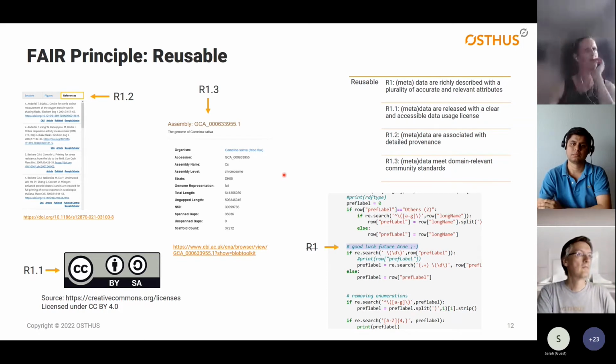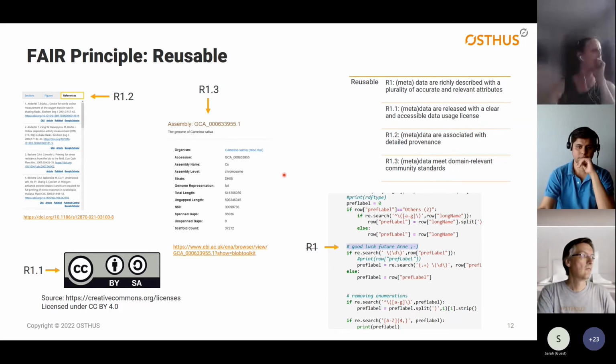Again, it's really dependent on the use case. Domain relevant, for example, if we look at a specific genome, could be summary information that gives someone who wants to use that genome good information on whether it meets their expectations with regards to N50, for example. It's basically a quality measure.